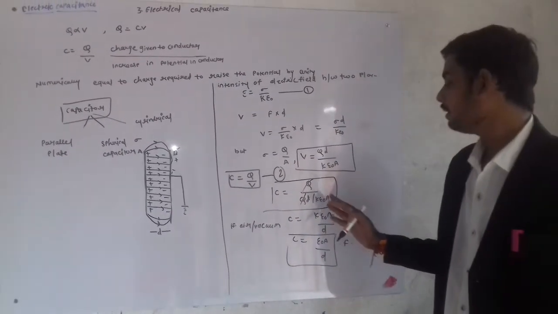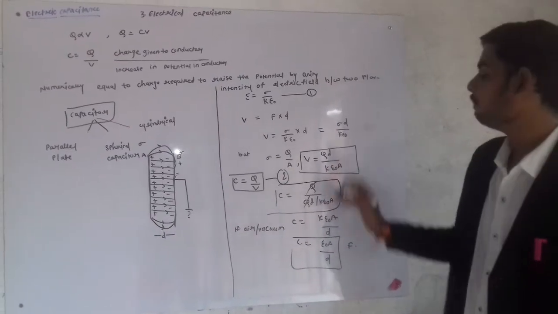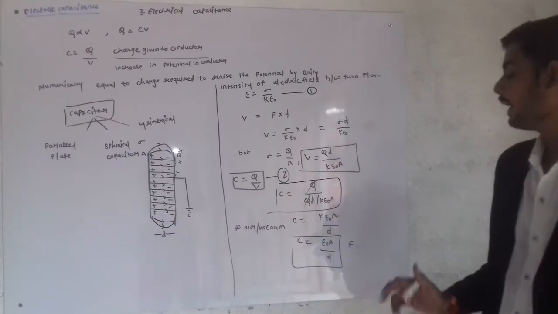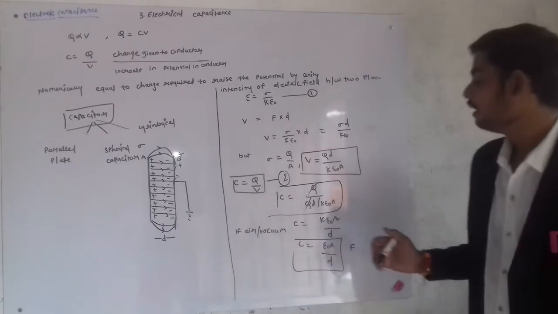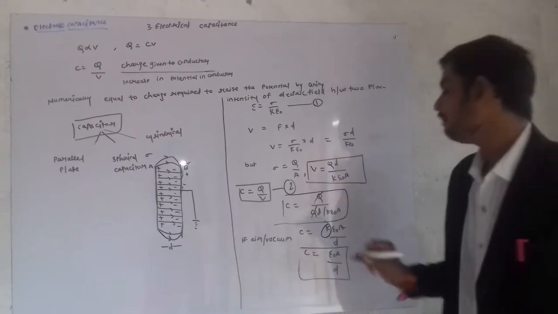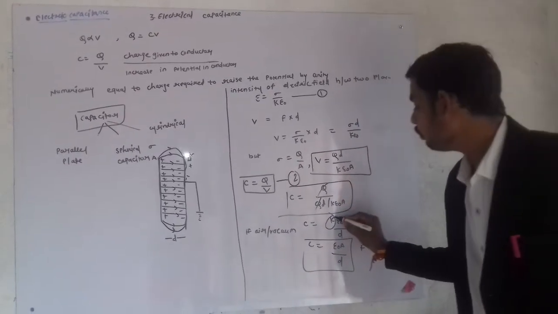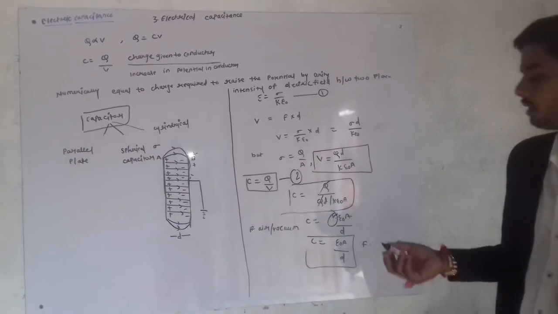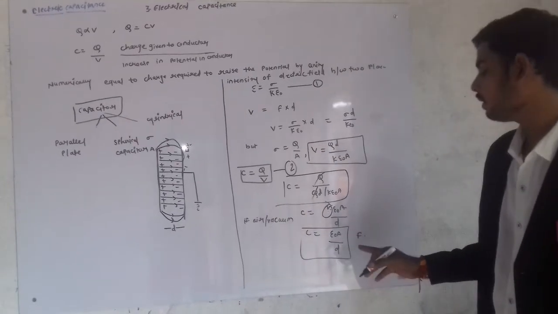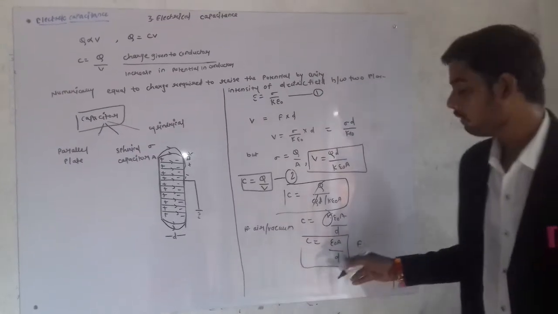So what will remain? That side will go upward. So C equals k epsilon naught A upon d. And if we have air or vacuum, then we remove this k, which is the dielectric constant, and C equals epsilon naught A upon d. That will be our relation.